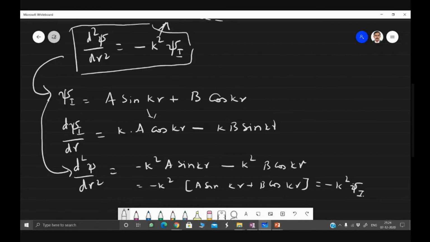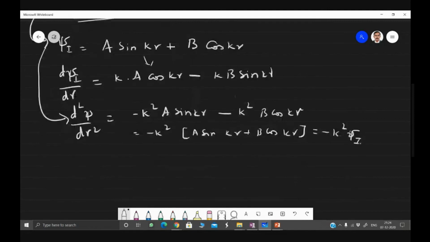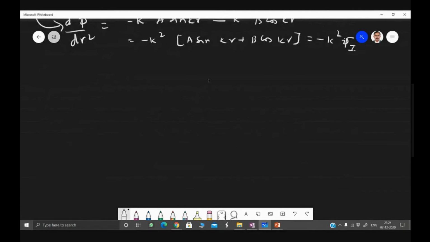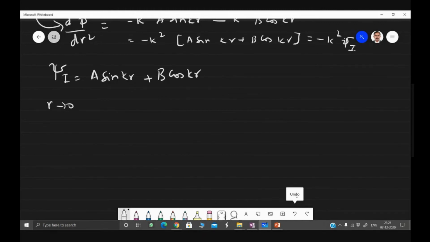Okay, so this is as far as region 1 is concerned, and the wave function in region 1, I rewrite it again, is psi 1 is equal to a sine kr plus b cos kr. But when r approaches the value of 0, the wave function has to cease.